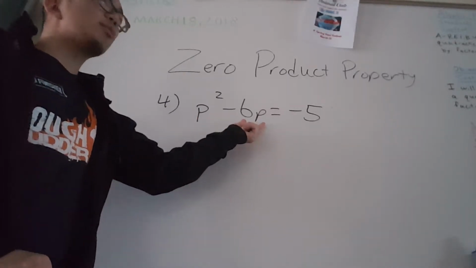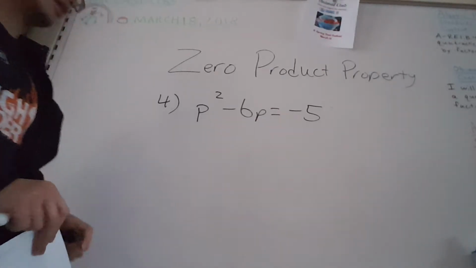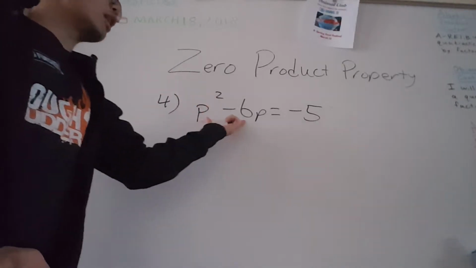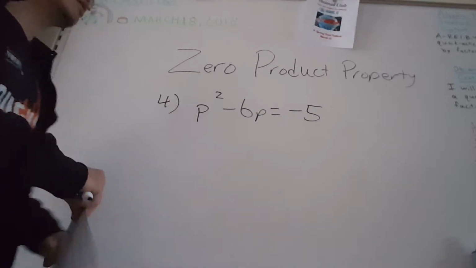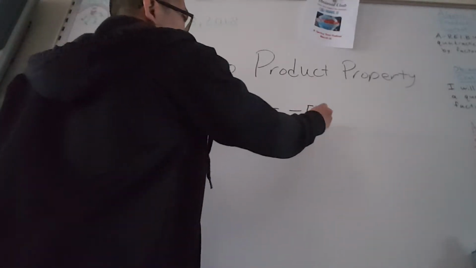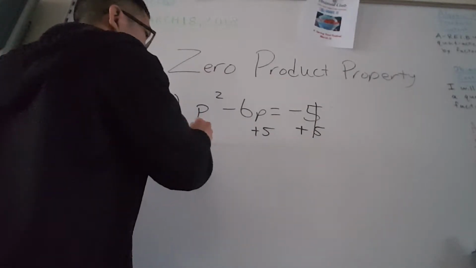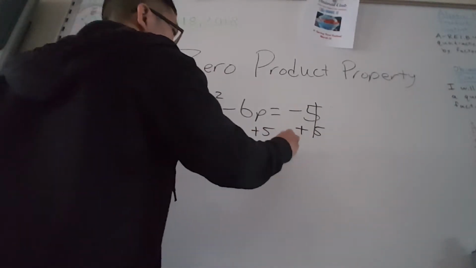But if there's a b term, one of the ways we're going to solve this is to use factoring. Now, in order to use the zero product property, the quadratic needs to equal 0. So it's equal to negative 5, so I need to add 5 to both sides. And so now I have p squared minus 6p plus 5 is equal to 0.